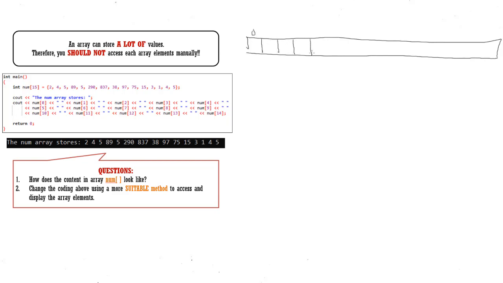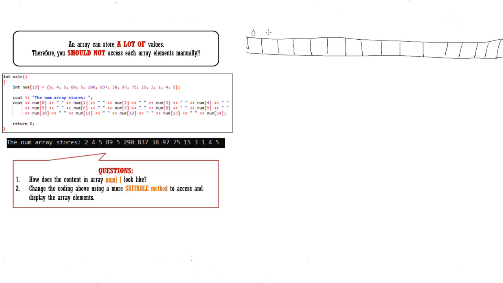So imagine you will have this array with 15 elements, say indexes 0, 1, 2, 3, 4, 5, 6, 7, 8, 9, 10, 11, 12, 13, 14.